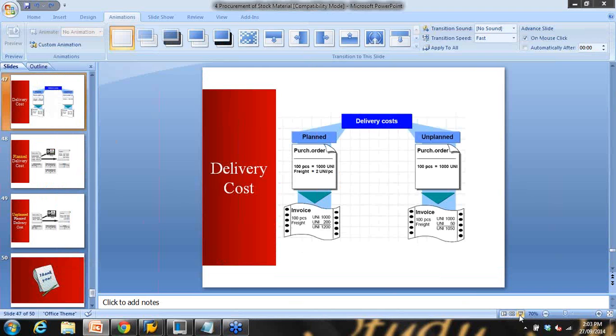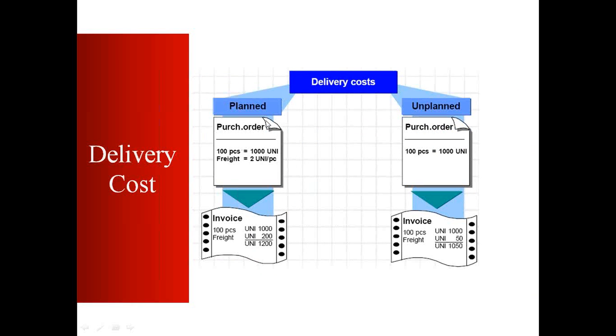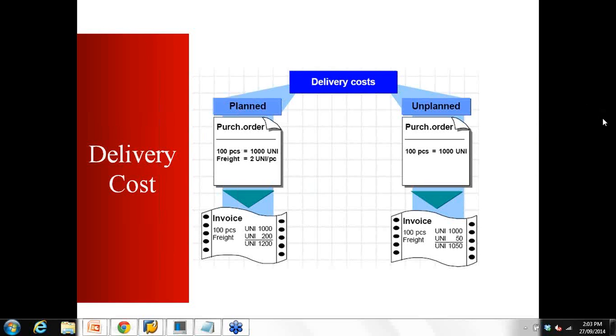You can see the same scenario here, a planned delivery cost and an unplanned delivery cost. In the planned case, it was planned that freight charges will be 2 per piece. In the unplanned case, we don't know the freight or shipping charges.